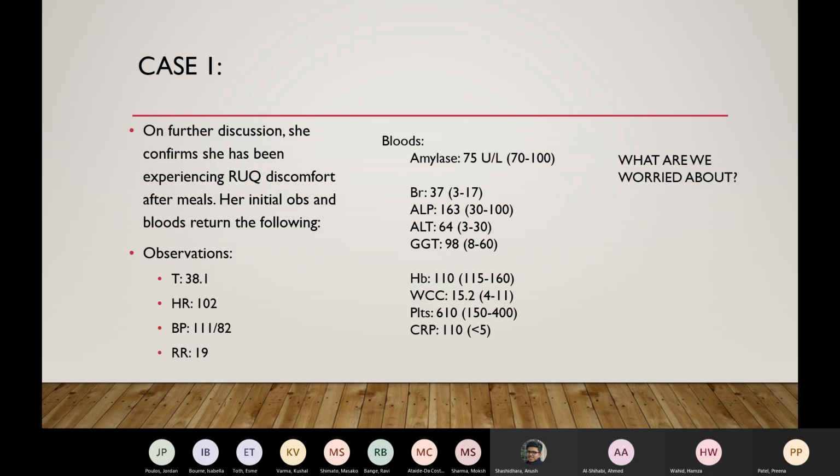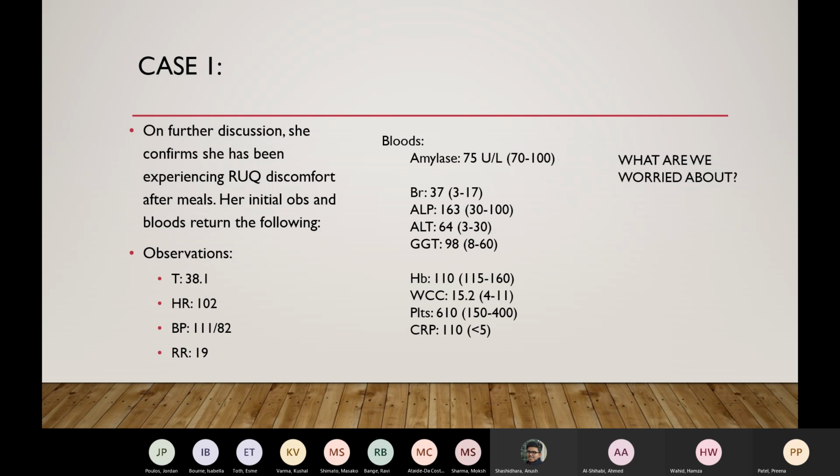Her ALT is slightly high, and it's never a perfect picture. Sometimes your ALT and AST are affected in obstructive jaundice, and sometimes the converse is true. Your ALP and gamma GT are affected in liver pathologies. So I wouldn't put too much significance on the ALT. I just put it there to be realistic. Bilirubin's high, we know that she's jaundiced. So nothing in her liver function is new news.